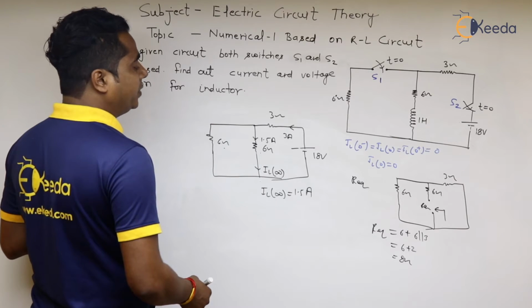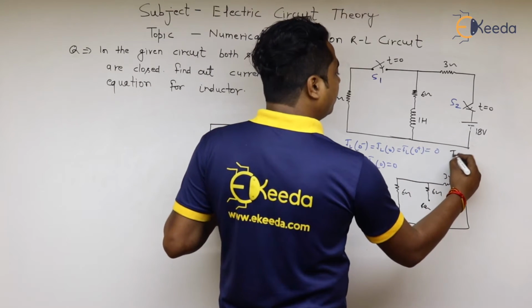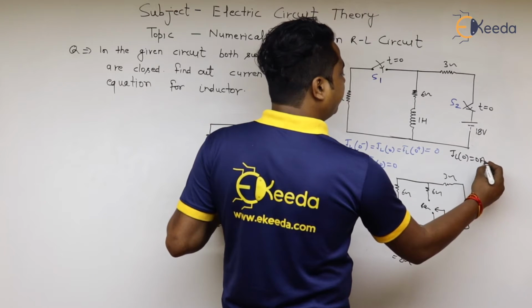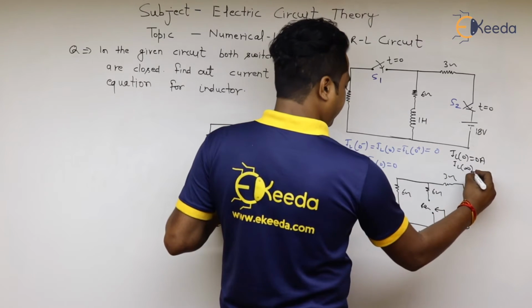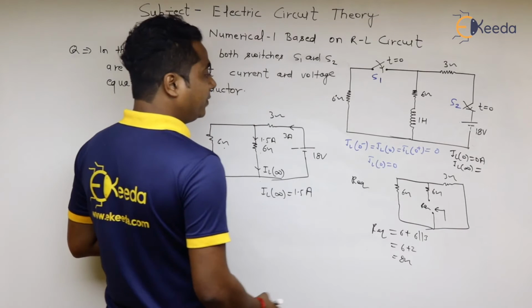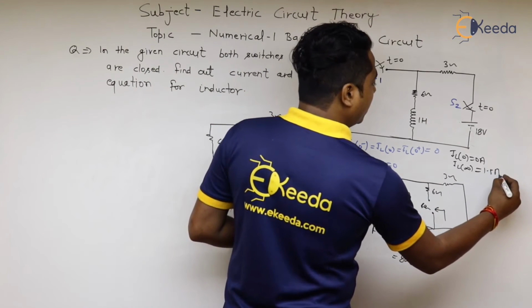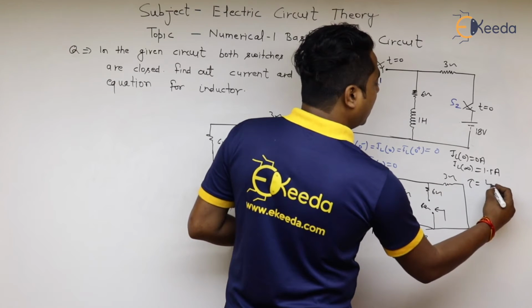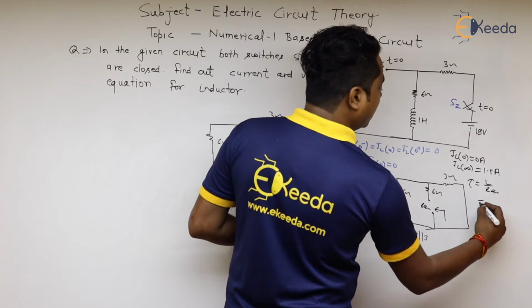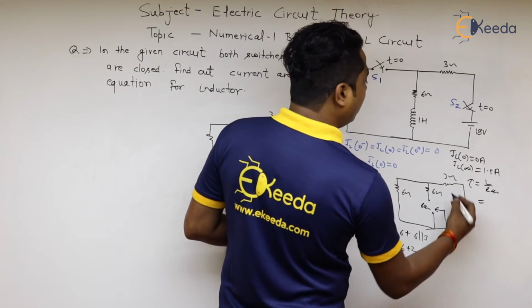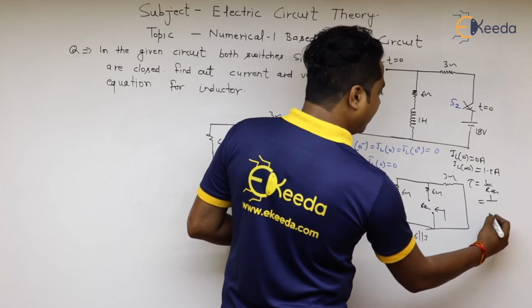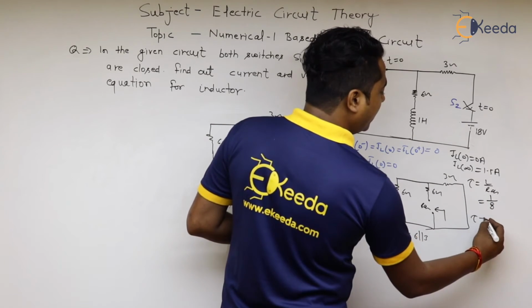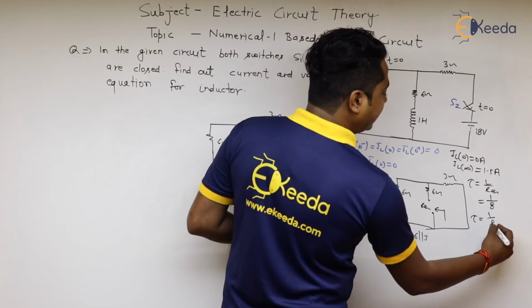Now we have all the values. IL0 is equal to 0 ampere. IL infinity is 1.5 ampere, and tau will be equal to L upon R equivalent. It means the value of L is 1 Henry upon R equivalent is 8 ohm. So the tau value will be equal to 1 upon 8.